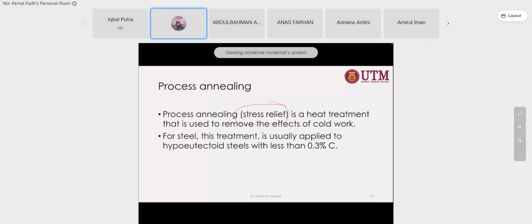For steel, this treatment is usually applied to hypoeutectoid steel with less than 0.3% carbon.